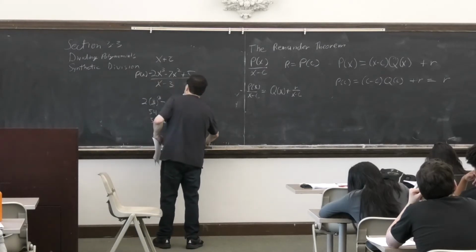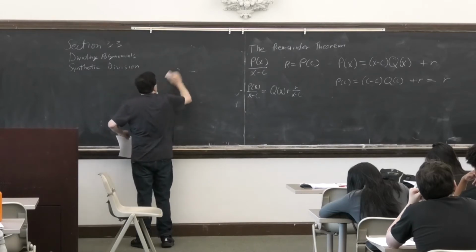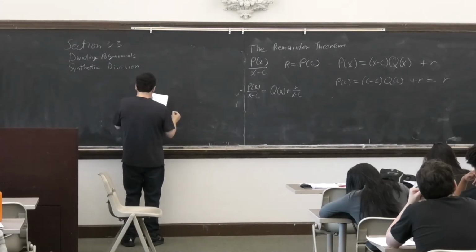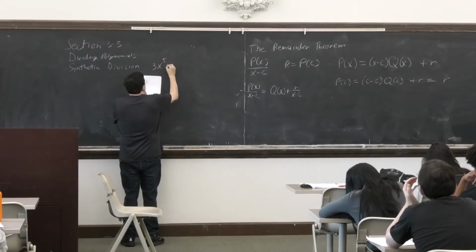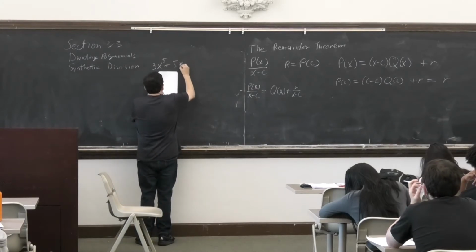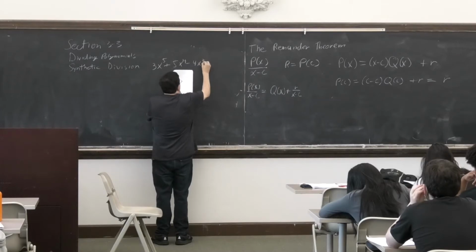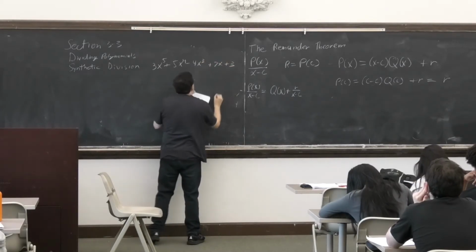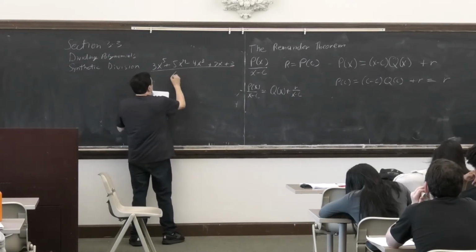Okay, one more example. What if we want to know the remainder when we divide 3x to the 5th plus 5x to the 4th minus 4x cubed plus 7x plus 3 by x plus 2.